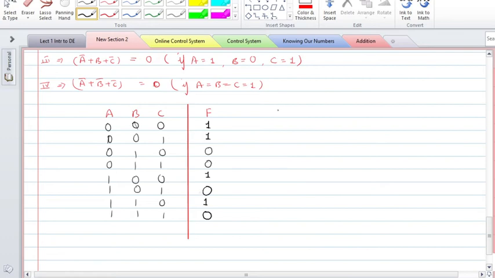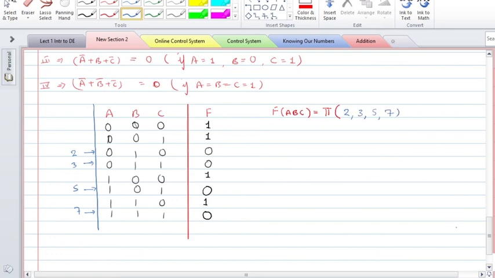So we can say that this function f(ABC), which is given here, can also be represented as pi with the decimal values for which the function is 0, that is 2, 3, 5 and 7.